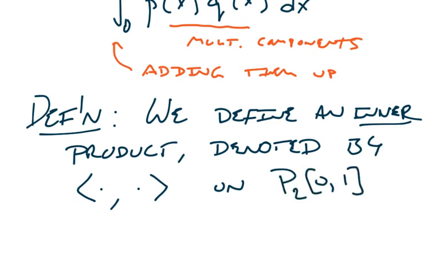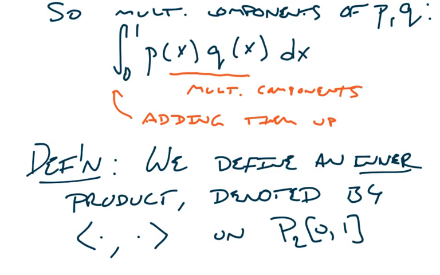Oh, also, this is why I specifically chose a small interval for the polynomial space. It's so that we could have nice bounds on our integral here.